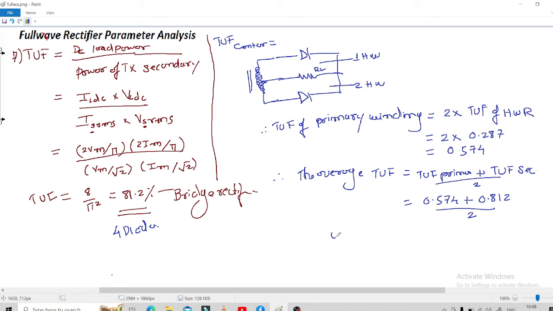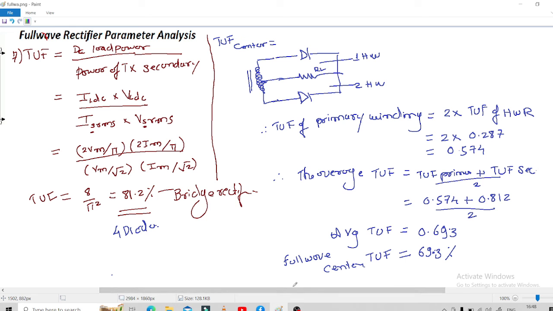So the average TUF equals, we are getting 0.69693, or in terms of percentage it is 69.3%. So this is the transformer utilization factor for the full wave center tap transformer.